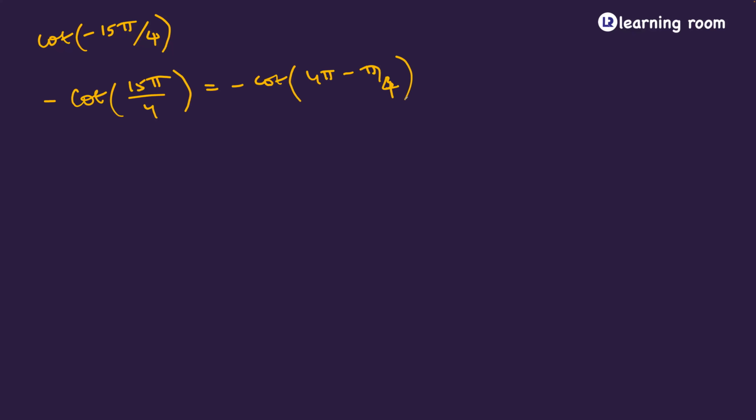This is what you will get, because you'll write this as 16 pi minus pi. So 16 by 4 is 4 pi minus pi by 4. Minus outside, which quadrant? Fourth. So minus cot pi by 4. So answer, minus of minus plus. So cot pi by 4, answer is 1.